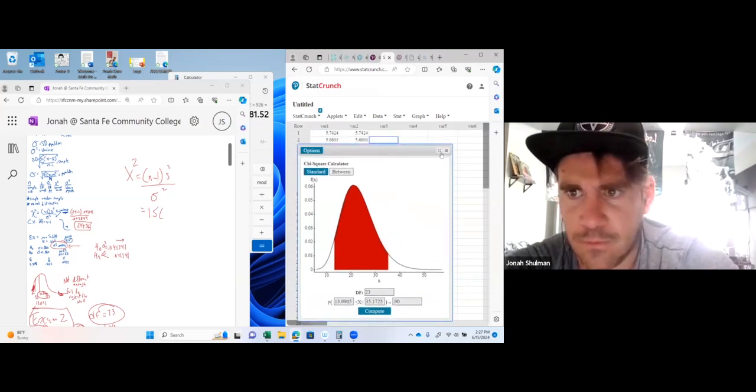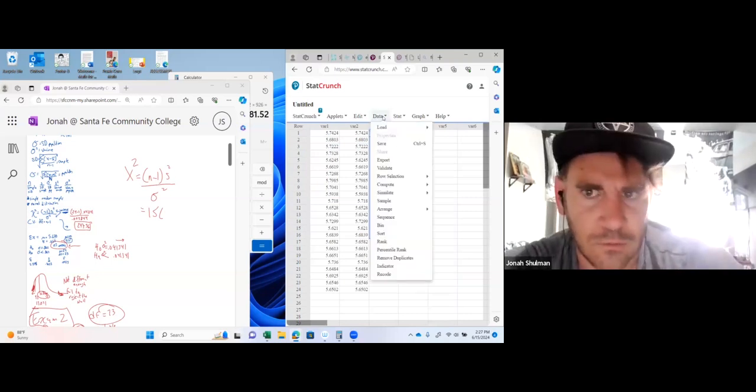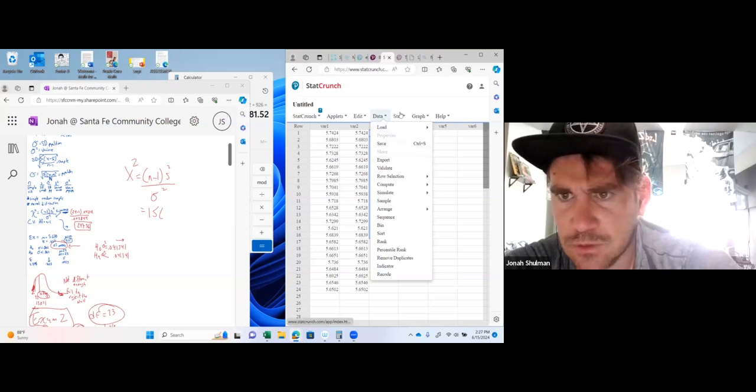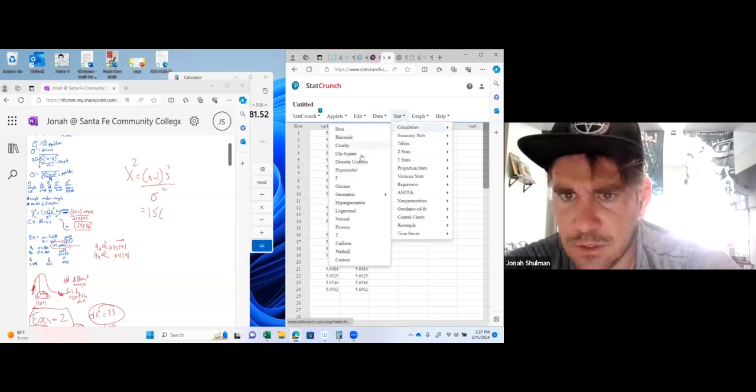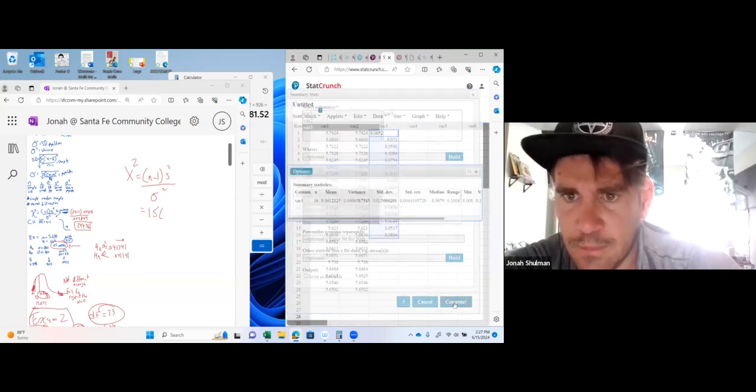Well, I can just put it here. So we need the standard deviation for the sample. Let's go to Stat, Calculators, sorry, Summary Stats, Columns, and we just want variable 3.